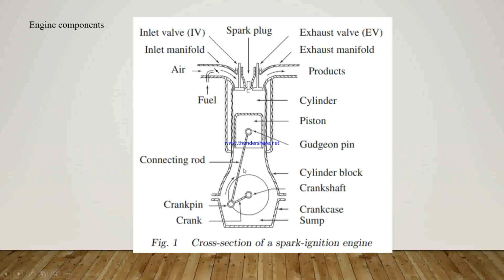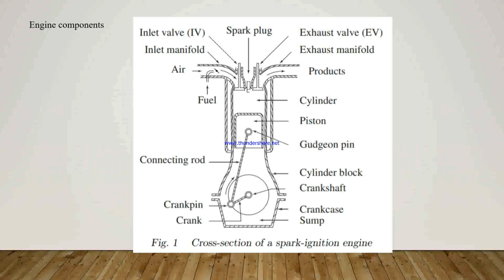Okay, this is the connecting rod. The connecting rod interconnects the piston and the crankshaft and transmits the gas forces from the piston to the crankshaft. The two ends of the connecting rod are called the small end and the big end.